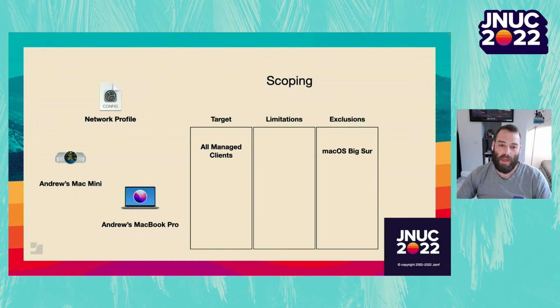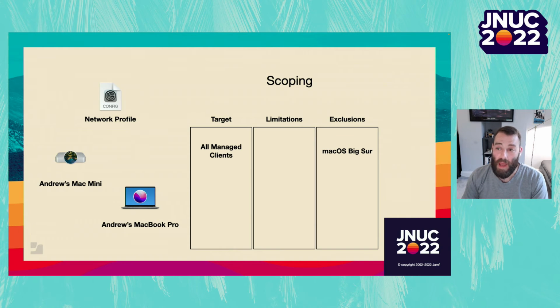So in this example here, we're going to target all managed clients. So at this point, we're just looking at the targets, that's everybody. But we're going to exclude that group that contains any computers running macOS Big Sur. And that is going to result in our MacBook Pro there, which is running macOS Monterey, receiving the configuration profile, but our Mac Mini, which is running Big Sur, does not.